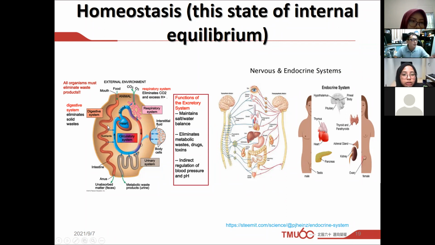So the nervous system and endocrine system are very important systems to maintain homeostasis in the human body. That's the reason why our first lecture always starts with these two systems in a human biology or anatomy course.